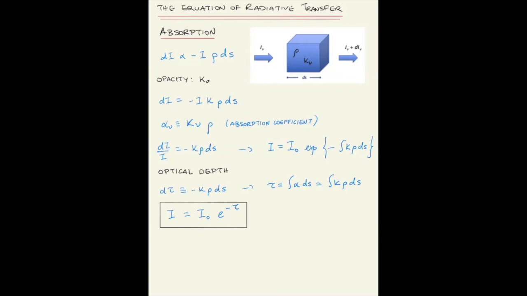Indeed, you can see that for tau equal to 5, only about 0.007 of the original radiation escapes. For tau equal to 10, you have an exponential of minus 10. That means that in this case, only 5 times 10 to the minus 5 of the original intensity escapes.